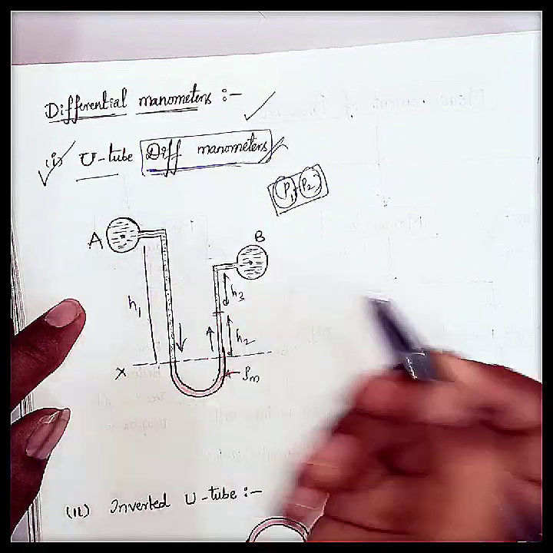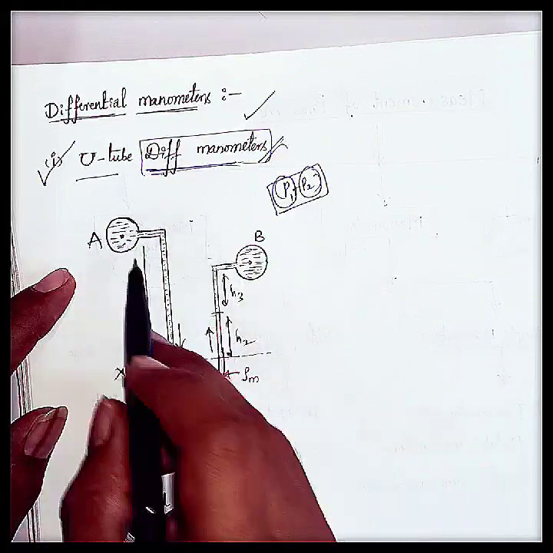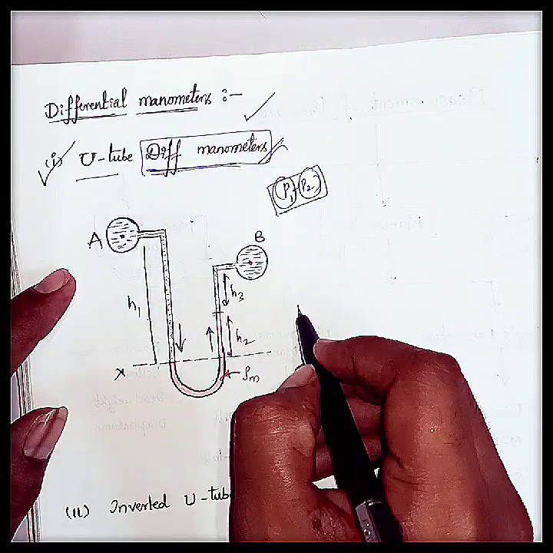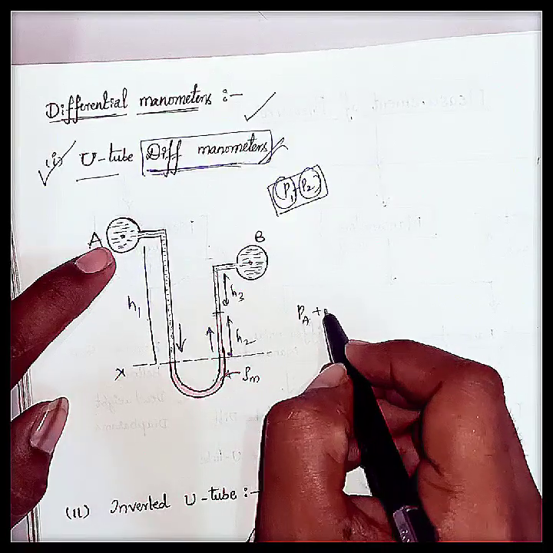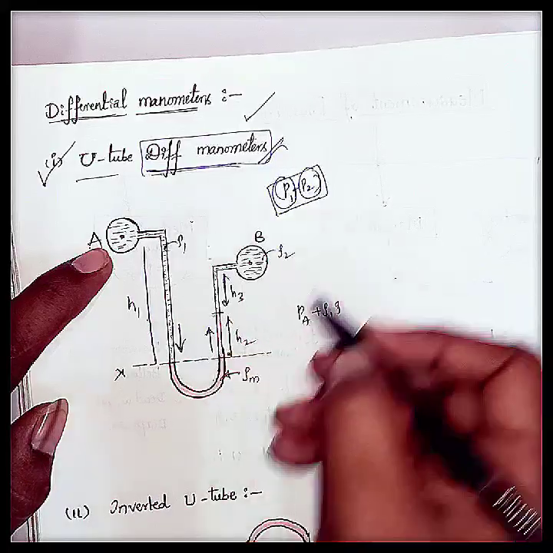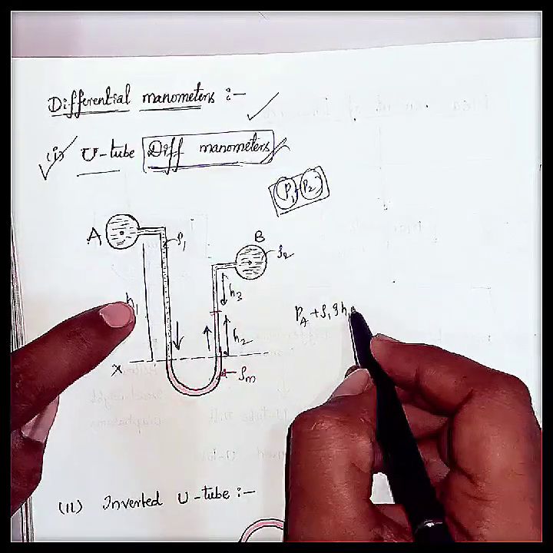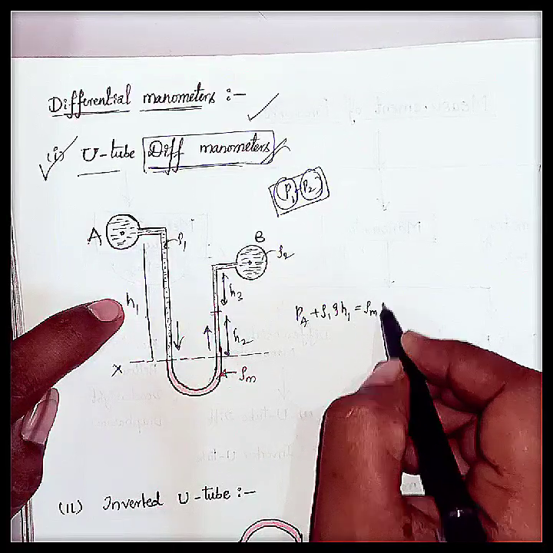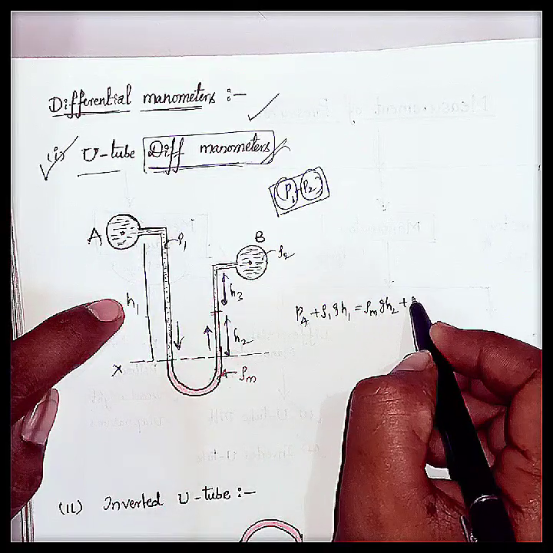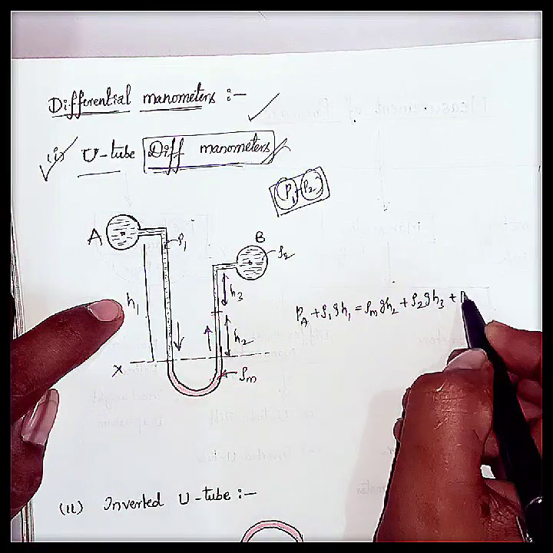Let us consider this is the height H1, this is the height H2 and this is the height H3. If I want to measure the difference between these two pipelines' pressure, here PA plus rho 1 g H1, let us consider this is rho 1, this is rho 2, and this is rho m, the densities of these fluids, is equal to rho m g H2 plus rho 2 g H3 plus PB.